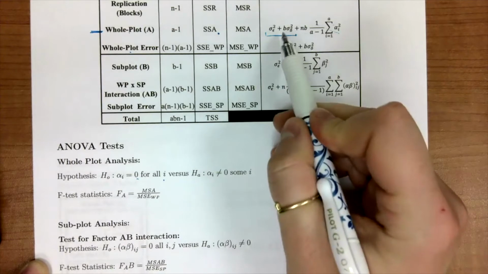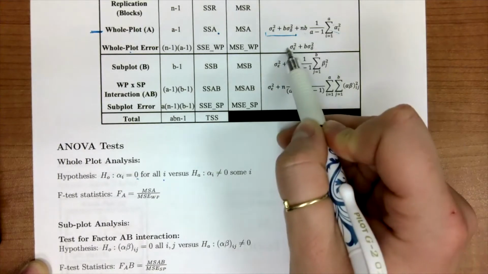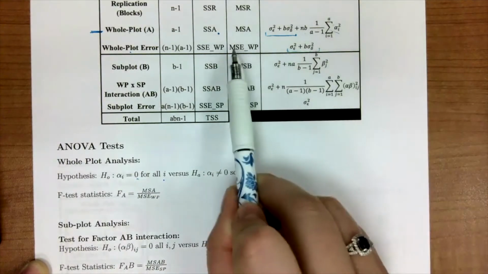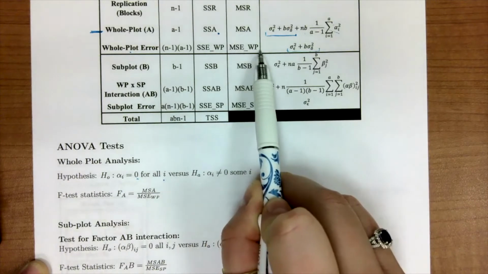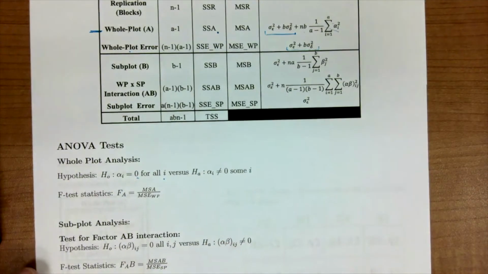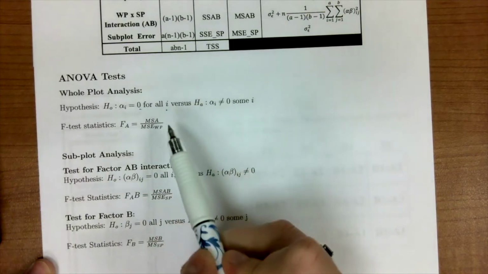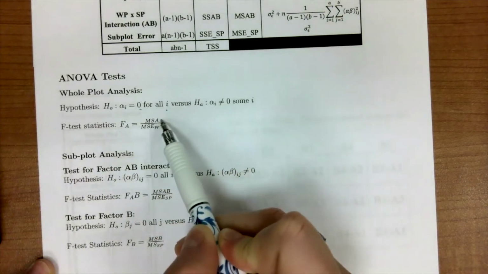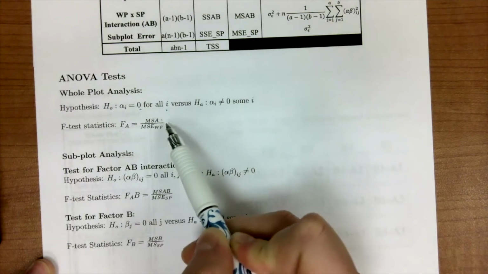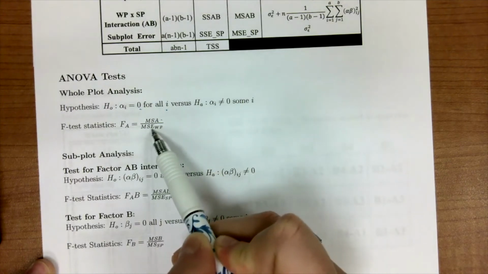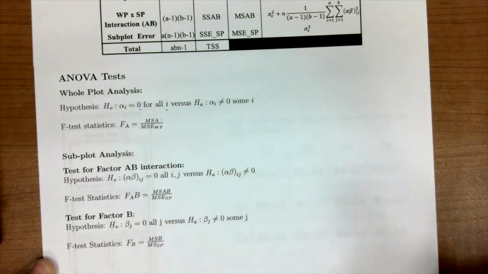We can notice that this term matches the MSE of the whole plot. And so this tells us that our F-test would be MSA, or MS of our whole plot, divided by our MSE of our whole plot, which makes sense intuitively, hopefully.